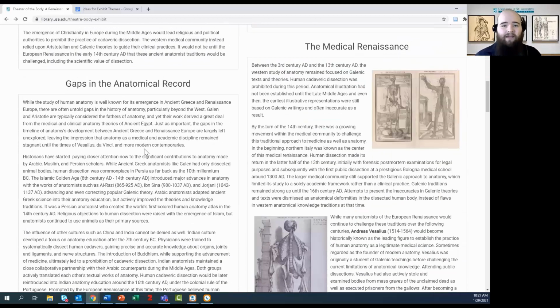But as we also talk about, there are gaps in the anatomical record. We discuss the fact that history doesn't really pay much attention to the works of anatomists in Persia, India, China and other parts of the world, and largely only focuses on Western science and its own development.